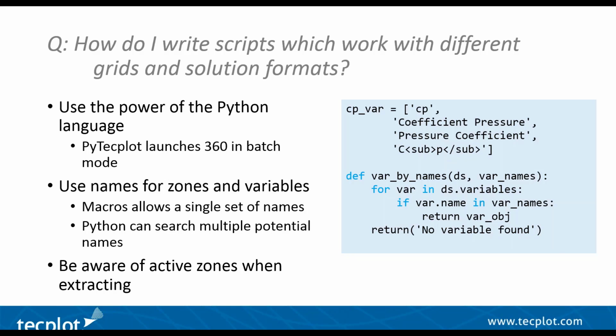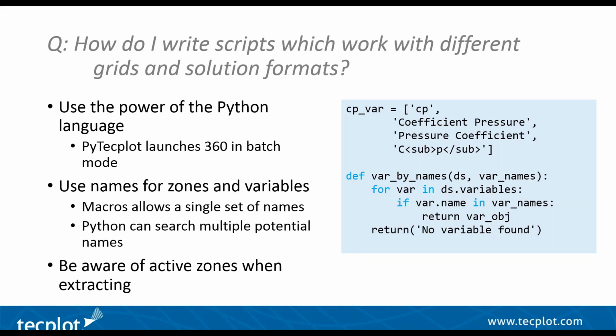PyTecplot launches 360 in batch mode and gives you access to all pure Pythonic functions like for loops and string processing, in addition to the access directly to the 360 engine.